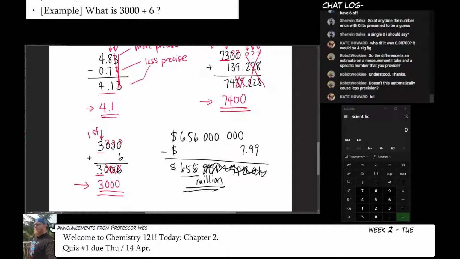I have $656 million. I could drop $100,000 and barely notice it. I do not care about these digits anymore. Because they're too small relative to the magnitude of the thing that you're looking at, right? If you have magnitudes that are very different, small changes in them do not affect them.